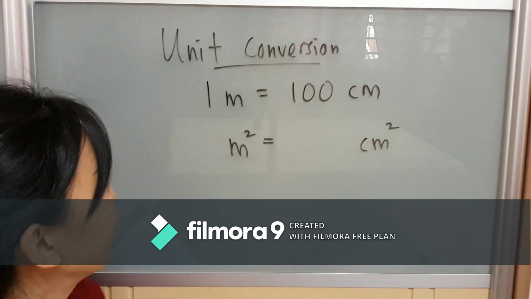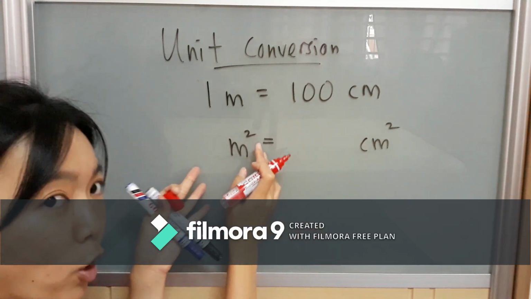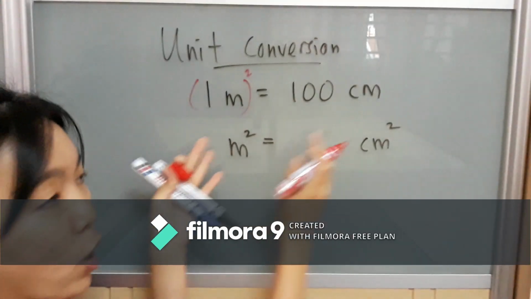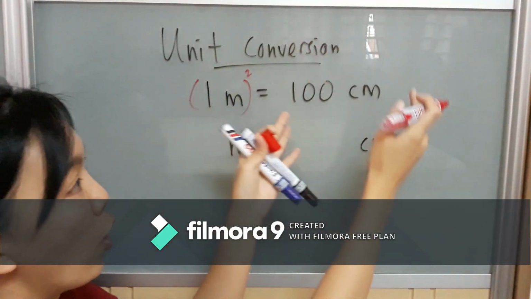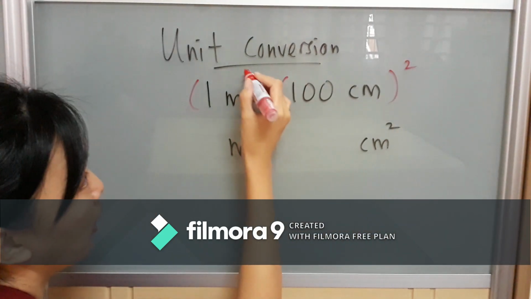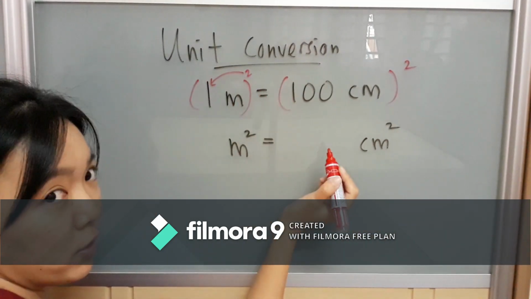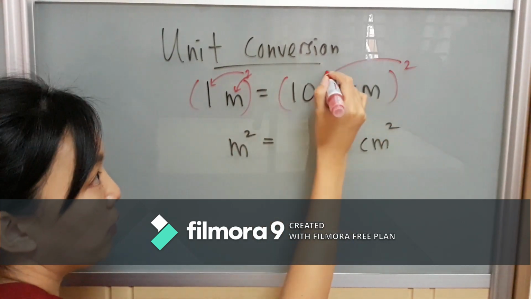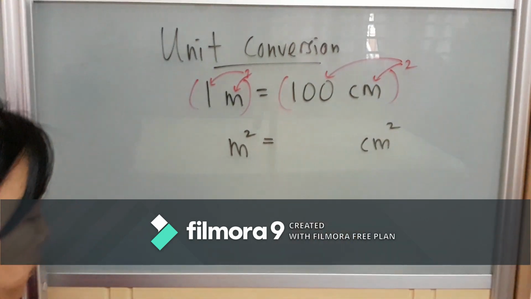Go through with me. If I want to square on the left, I'm going to square the whole thing. If I square on the left, I have to square on the right. When I square the whole thing, the square has to come to the number and also to the unit. Same as here, number and unit.